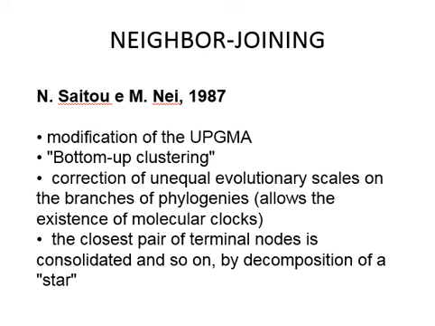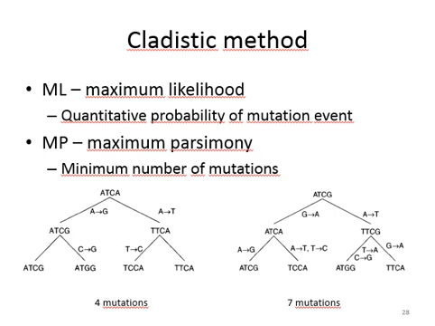Maximum parsimony tries to find the minimum number of mutations, because along evolution there are no big mutations, since a high number of mutations gives rise to organisms that do not evolve.